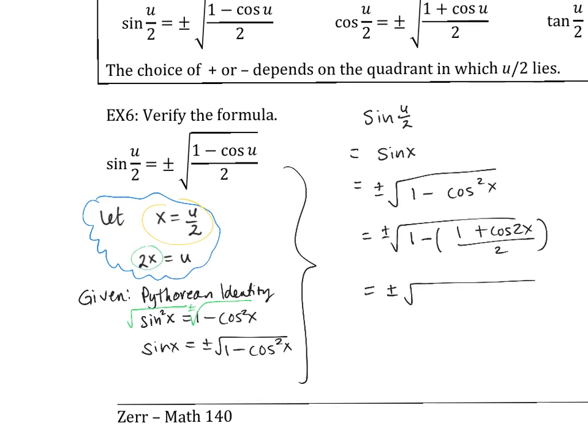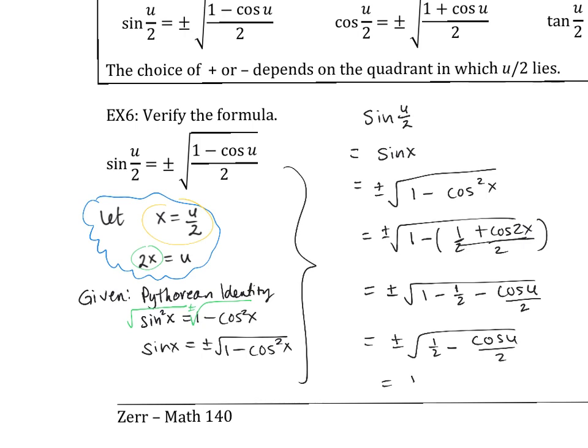So I would have positive or negative square root of, let's see, I'm just going to divide this by 2 and this by 2. So it would just be minus 1/2, and then distributing that negative, cosine of u over 2. And so then that would be positive or negative square root of 1/2, 1 minus 1/2 is 1/2, and then minus cosine u over 2.